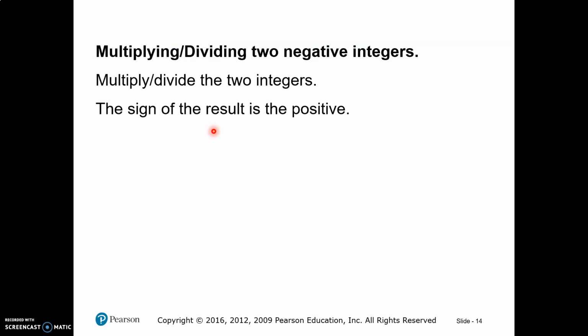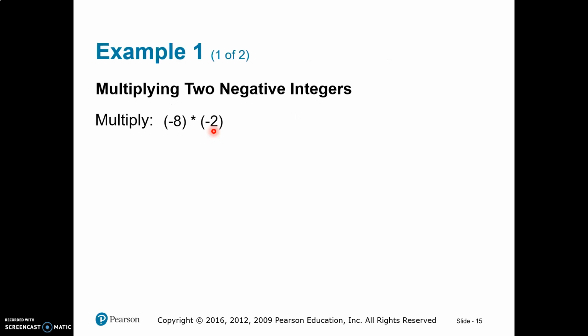What about multiplying and dividing two negatives? Well, the result is always positive. So for example, negative 8 times negative 2 will be a positive 16.